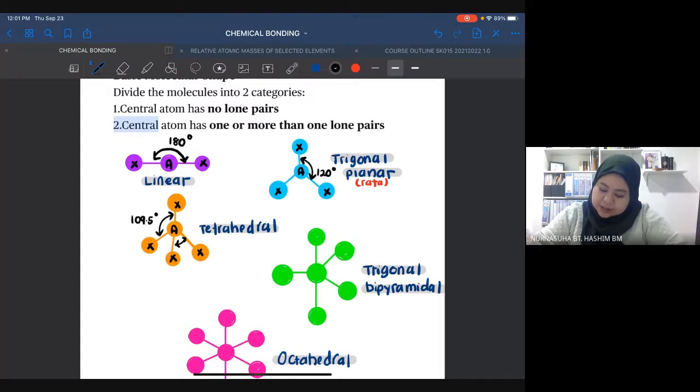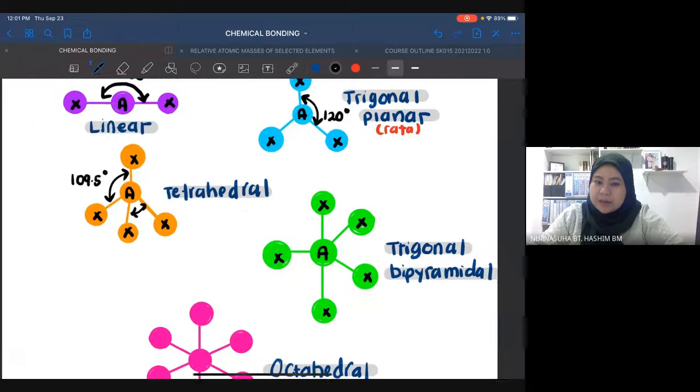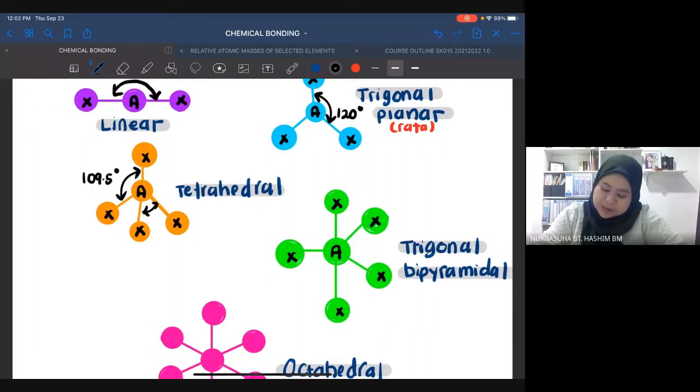Okay, next is Trigonal Bipyramidal. This is your central atom surrounded by 5 terminal atoms. Cuma untuk Trigonal Bipyramidal kita ada 2 angle yang berbeza. So this one is 90 degree, ialah sudut tegak kan. This one is 120.